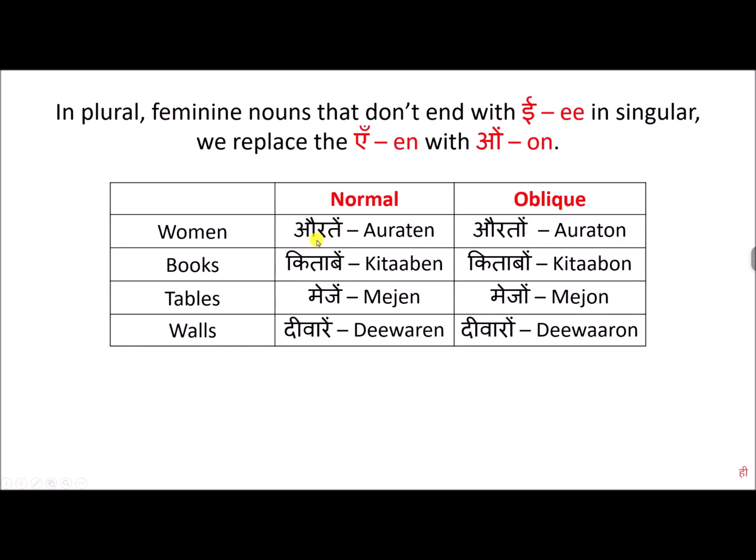So औरतें becomes औरतों. किताबें becomes किताबों. मेजें becomes मेजों. दीवारें becomes दीवारों.